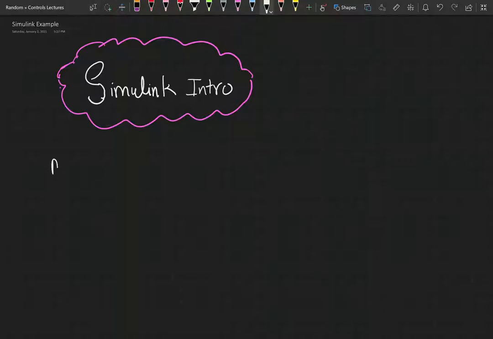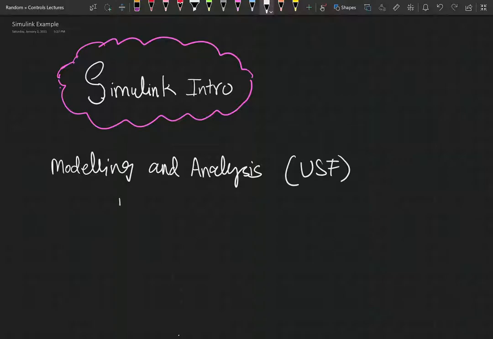If some of you took Modeling and Analysis at USF, I believe it was taught by Dr. Campbell, the wonderful person. And it was the vision of Dr. Carlos Smith.